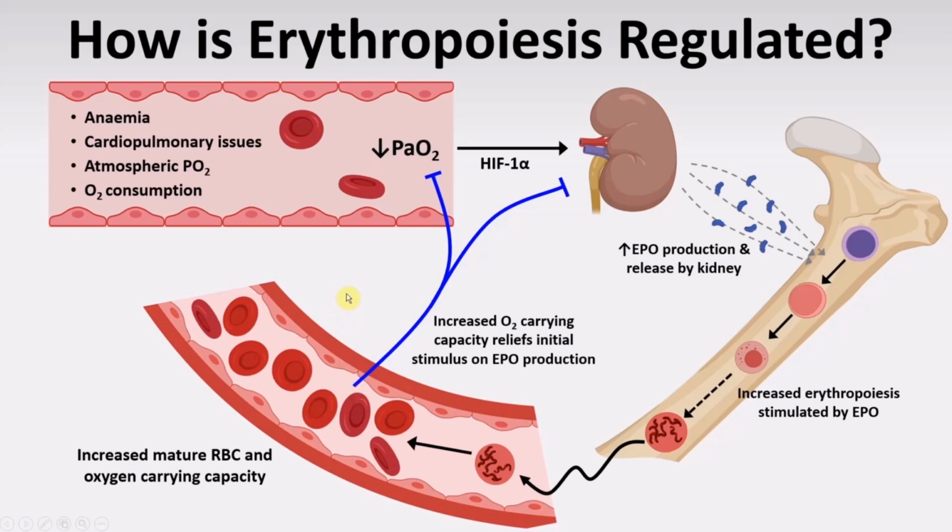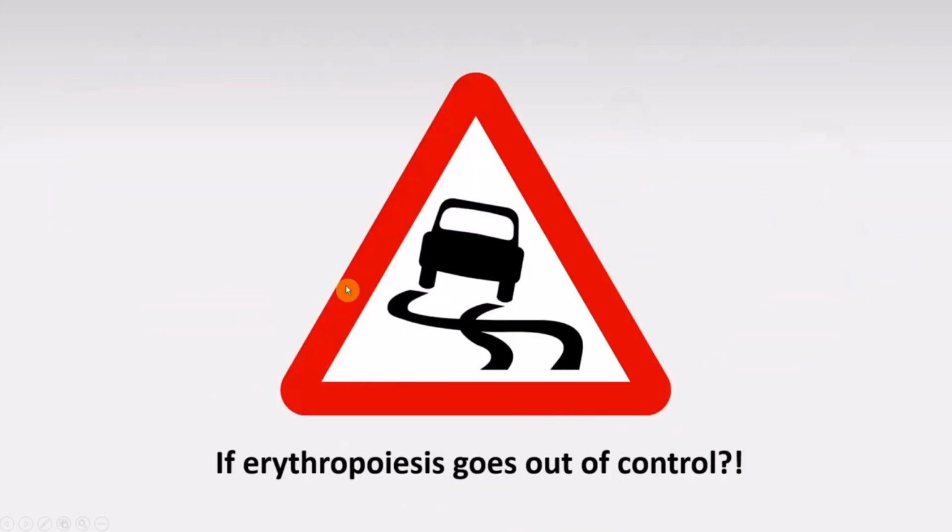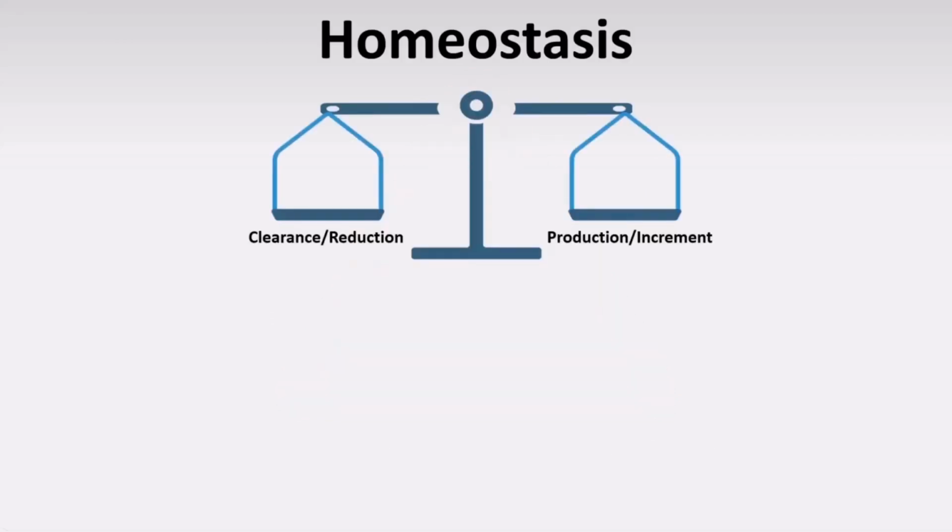The problem is what happens if the regulation of erythropoiesis goes haywire. And that's where I bring back the concept of homeostasis, which you have learned from Dr. Natasha's lecture previously. If you recall, the process of homeostasis is a physiological process that always seeks to return the body's processes back to its initial equilibrium.